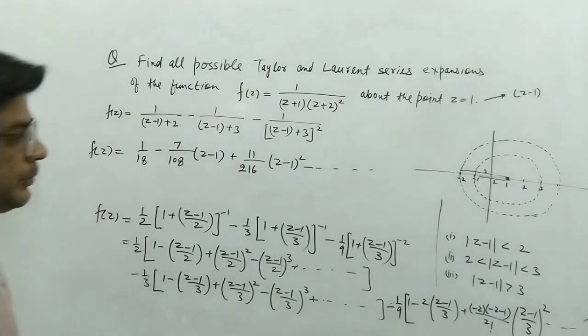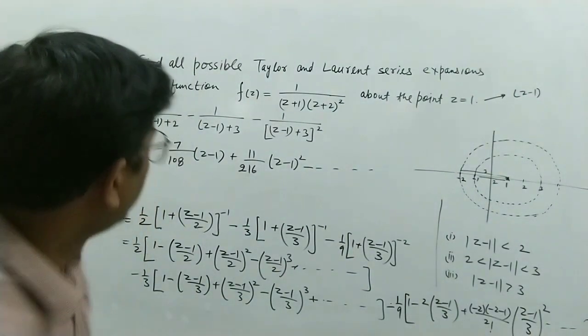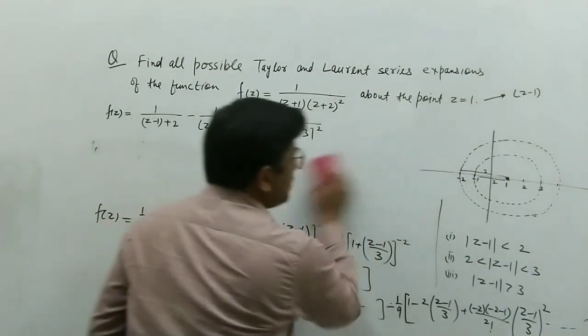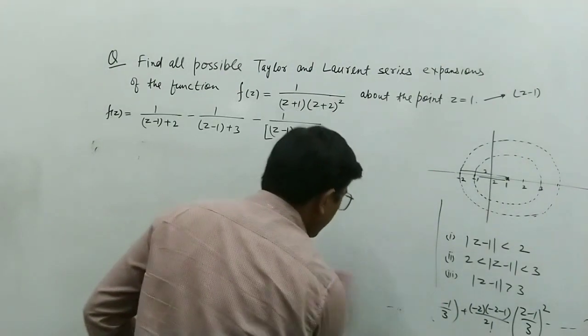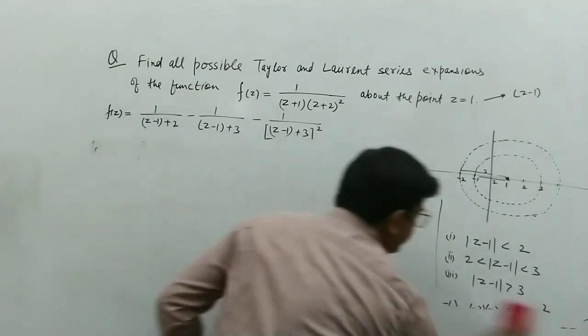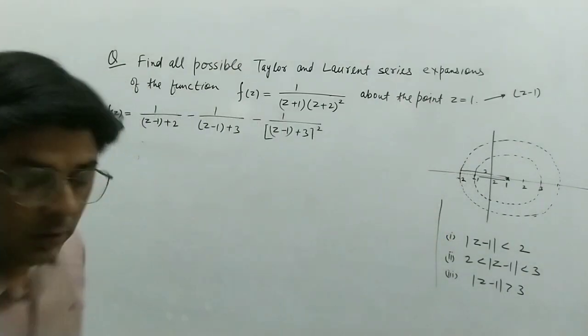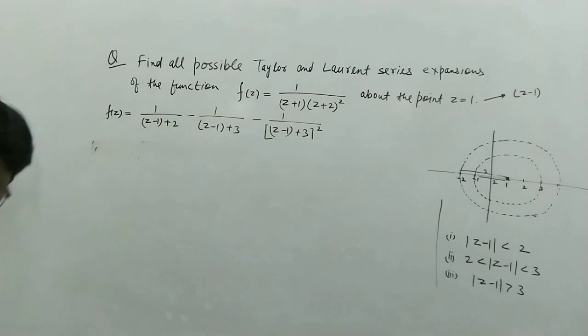Now in the second region, so the second region is mod z minus 1 greater than 2 less than 3. Okay, the second region is this.